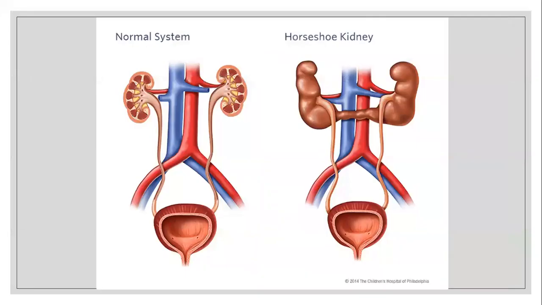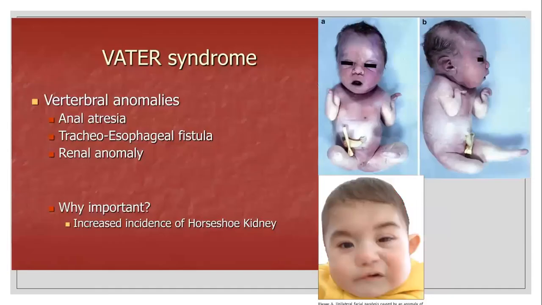So you see that these are the normal two kidneys, right? But if the two kidneys are connected, looking like a horseshoe, it is called horseshoe-shaped kidney. So horseshoe-shaped kidney is a congenital problem.